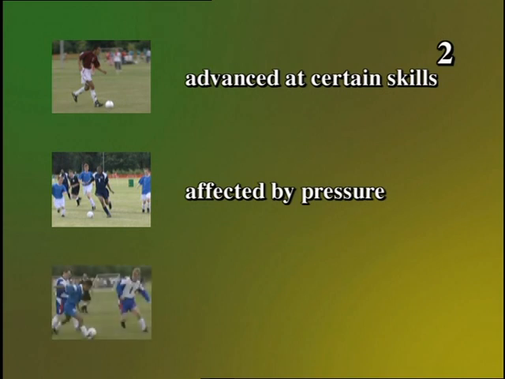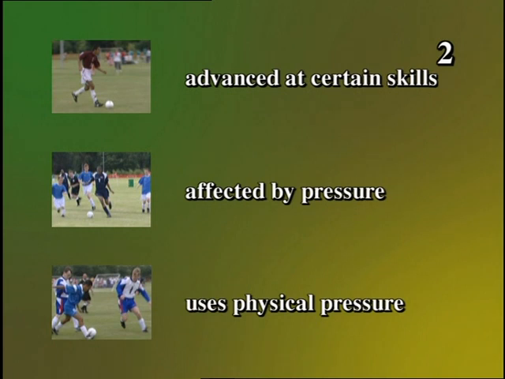So to summarize, a level 2 player can be very advanced at certain skills, is still affected by pressure from opponents, and uses physical pressure both in attack and defence.